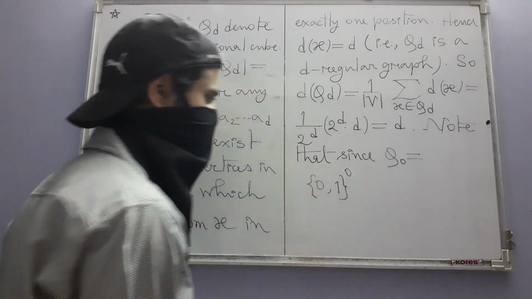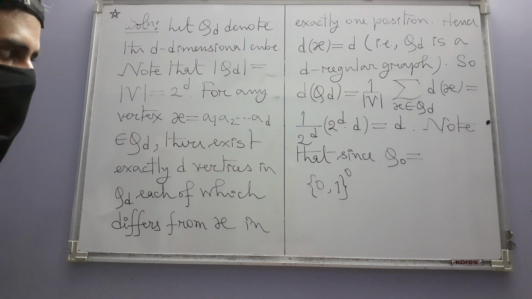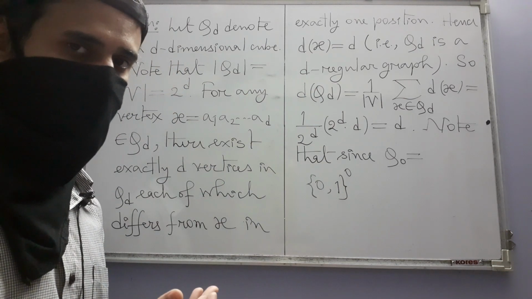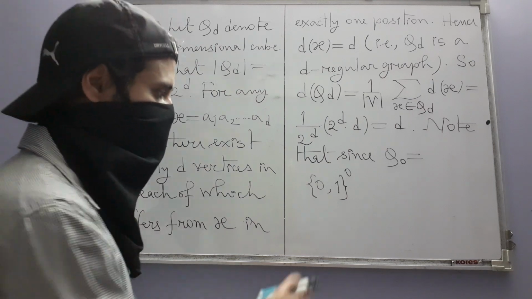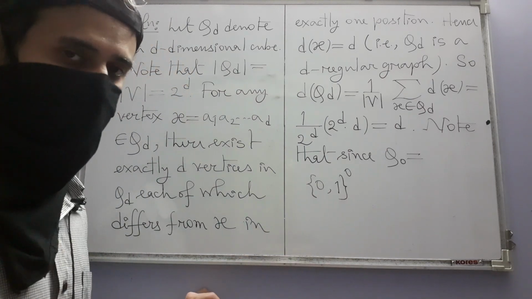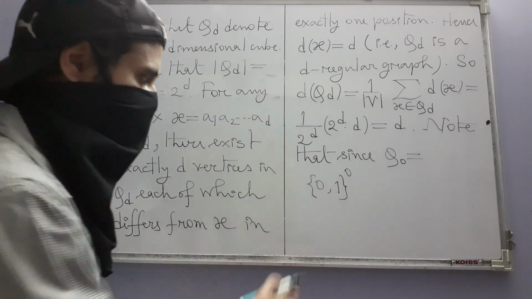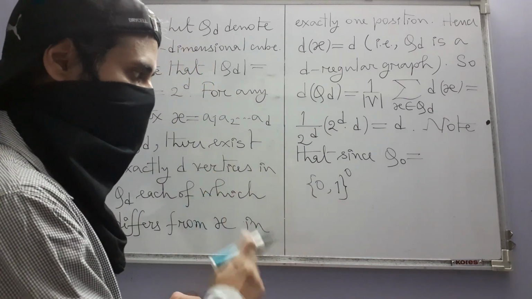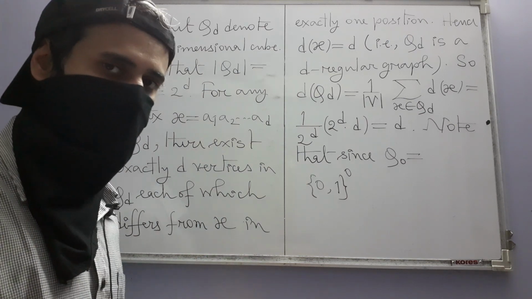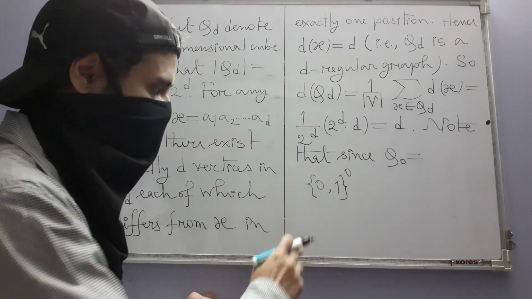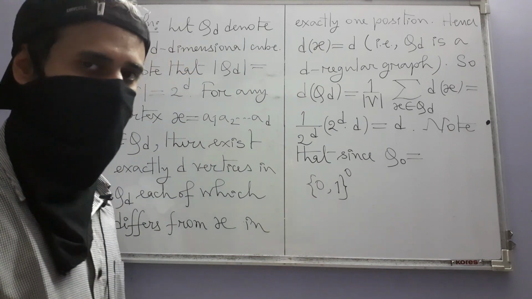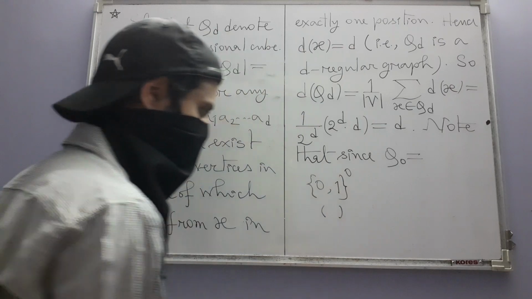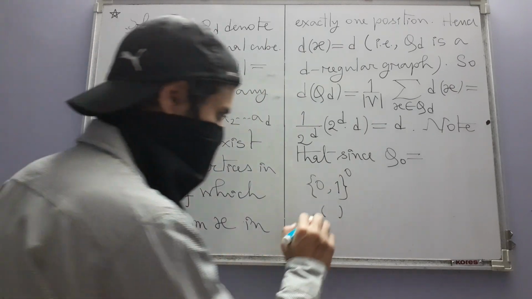What is this? Because we are not treating this as a Cartesian product, although it is, but treating the elements in it as strings of digits, strings of zeros and ones, this denotes the set of all such sequences or strings of zero length, and there is one such string which is the empty string, if you denote it like that.